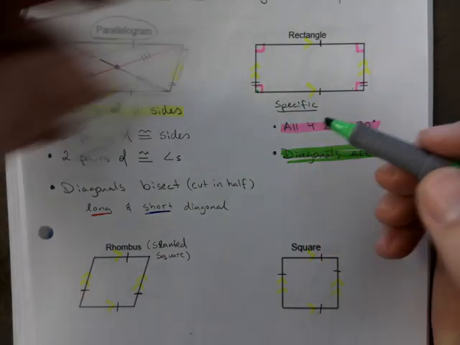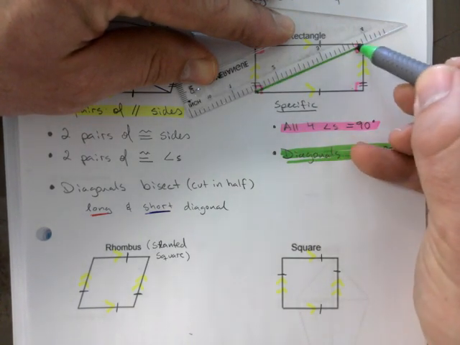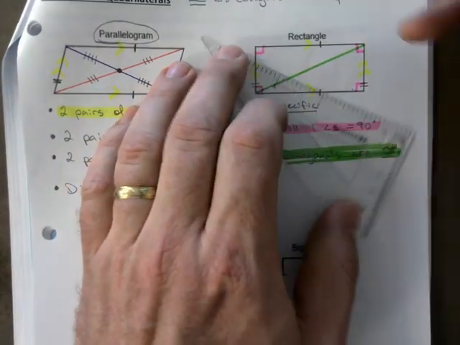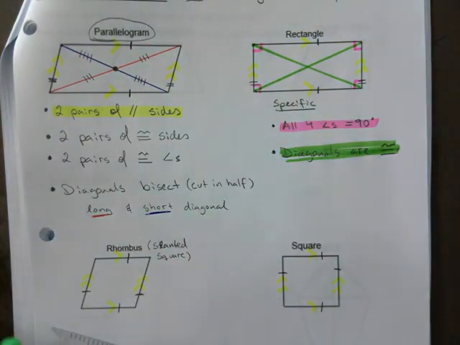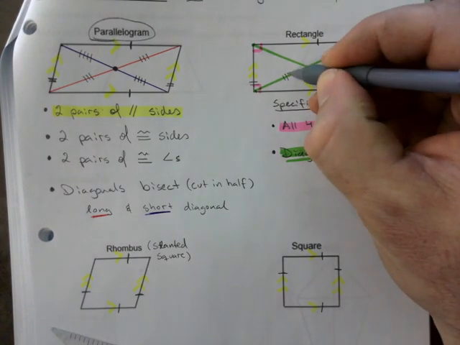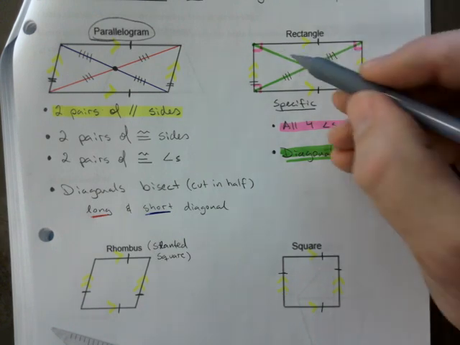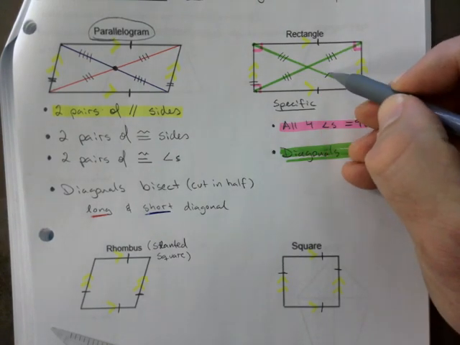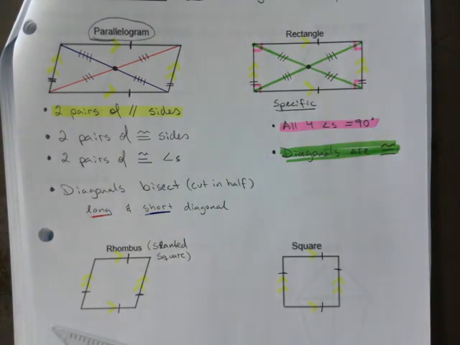I'm going to use a ruler for this. There you go. And I'm going to say that I'm going to go 1, 2, 3, 1, 2, 3. Can I use 3s again for this? Yep. And just make the dot in the center because they bisect, okay? They cut each other in half.